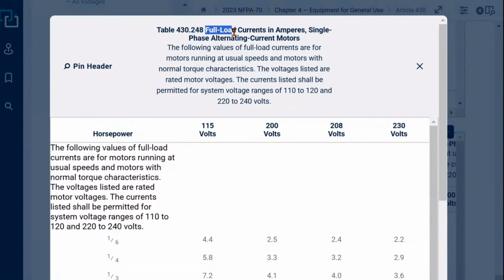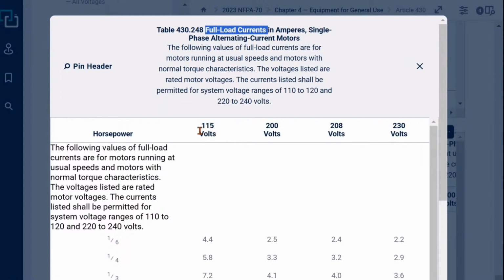This is the FLC. And by the way, FLC is what you're going to use to size conductors for motors. You're going to use this for short circuit ground fault protection value. You're going to be using this for conductor sizing in 430.22. But when it comes to overloads, you're not going to be using this. You'll be using the nameplate value. Just a little mini lesson on motors real quick.